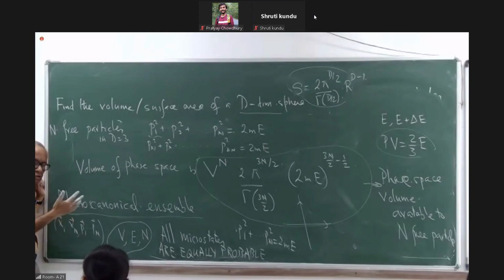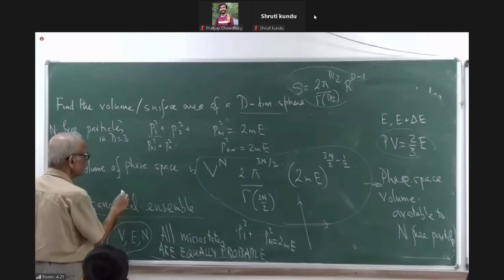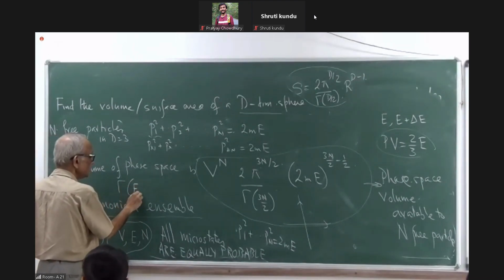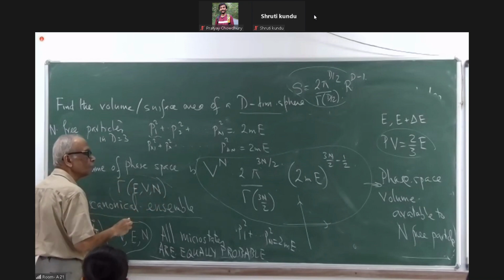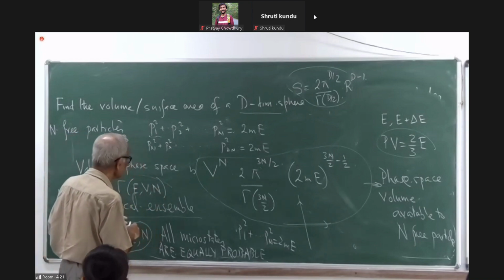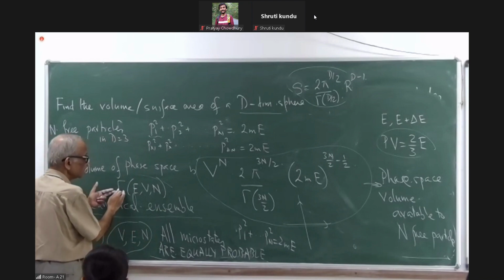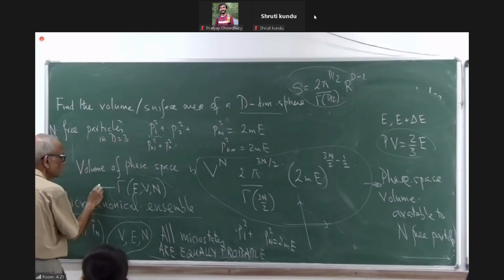But after all, pressure is a thermodynamic quantity. What thermodynamic quantity do I calculate from Gamma(E, V, N), the accessible volume in phase space? The accessible volume in phase space is this.